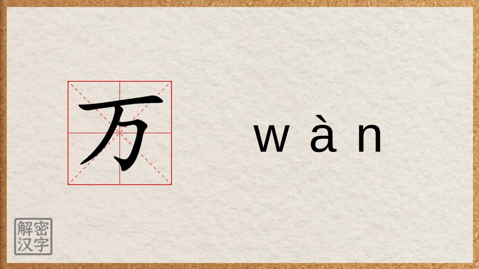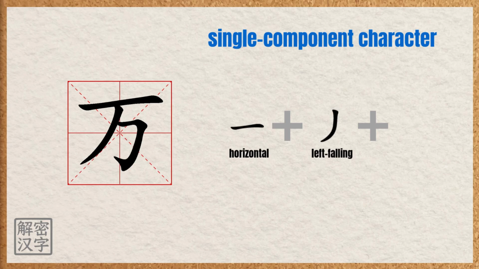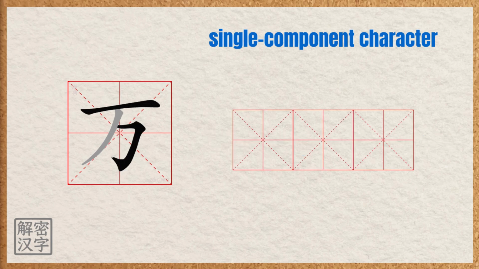The character 1 is a single component made of three strokes: a horizontal stroke, a left falling stroke, a horizontal turning hook stroke. When we write the character 1, we follow the rule of writing from top to bottom.